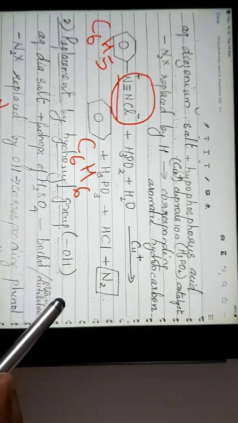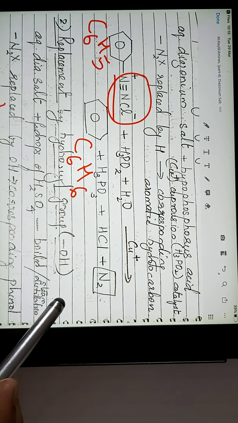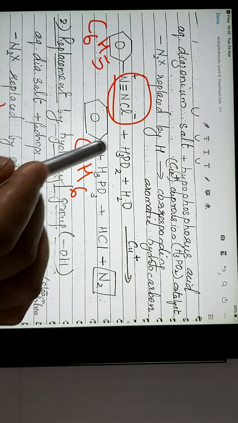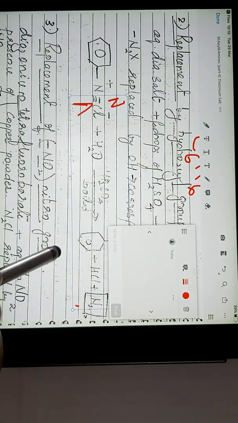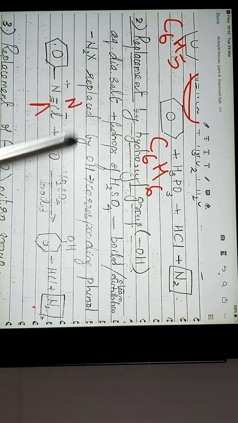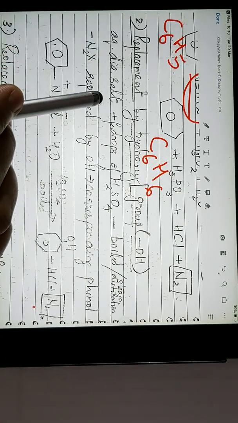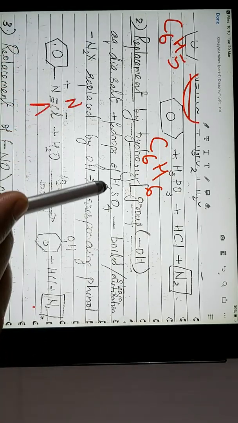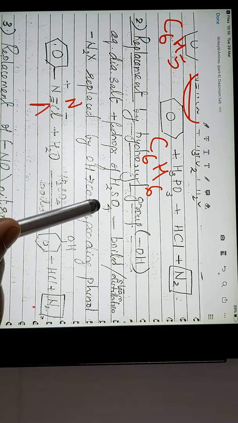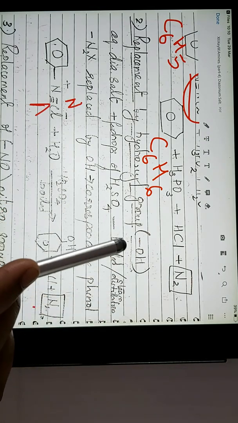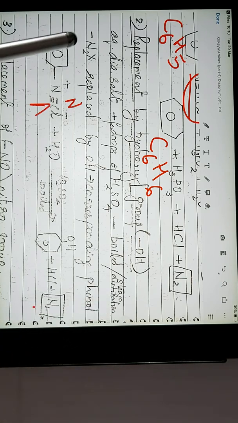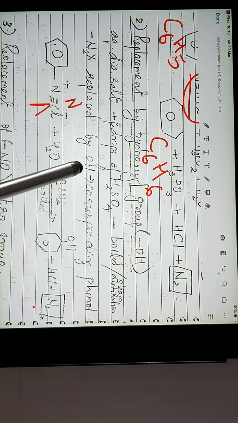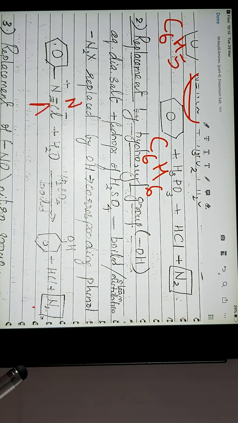Now when the hydroxyl group takes the place, what could be the product? Here there will be an OH coming and it will become phenol. You can see the aqueous solution of diazonium salt is treated with a few drops of sulfuric acid and then it is boiled or subjected to steam distillation. Now the diazo group will get replaced with OH and the corresponding phenol will be produced.